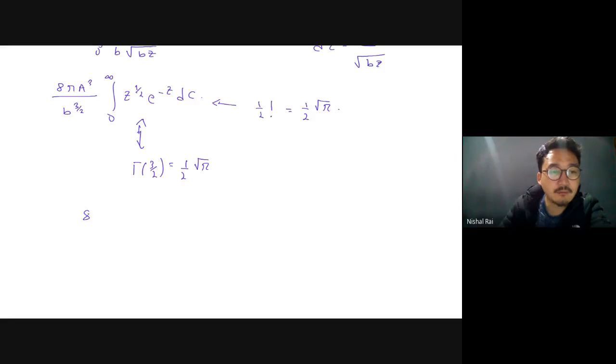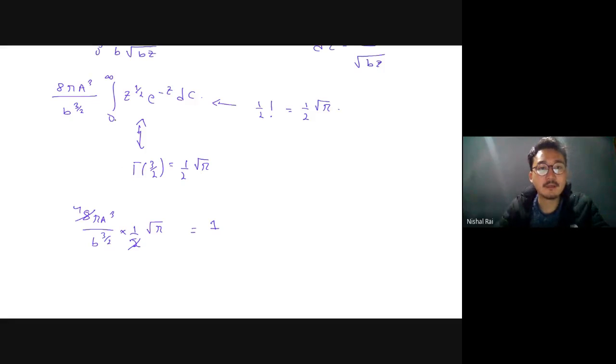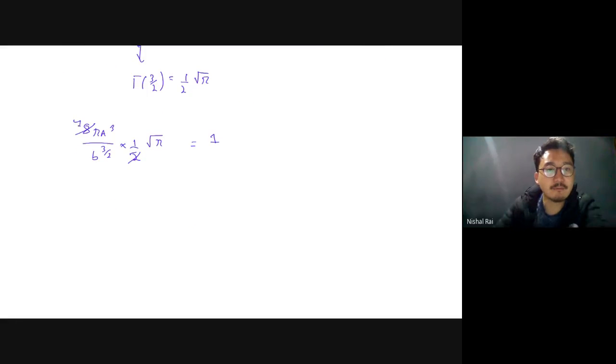So finally you'll end up with what, 8 pi a cube b 3 by 2 into root pi by 2, which is 4, and this is equal to 1, since the right hand side should be equal to 1. So after that you have to evaluate a. Pi 3 by 2 b to the power 3 by 2 into a cube is basically 1.